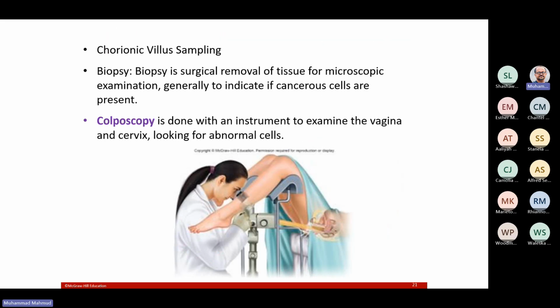Your provider can perform this procedure, colposcopy, with an instrument called a colposcope that examines the vagina and cervix, looking for abnormal cells. And if there is anything, a biopsy should be taken and sent to the lab to confirm cancerous cells.